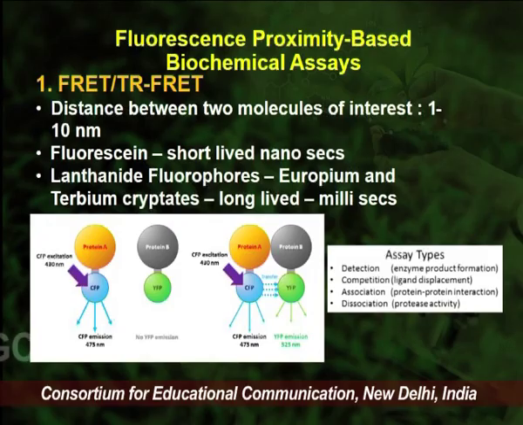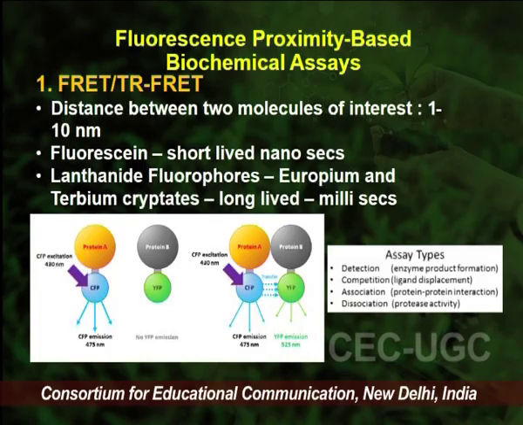The most widely used is fluorescence resonance energy transfer, FRET, or time resolved fluorescence resonance energy transfer, that is TR-FRET. In such assays, the distance between two molecules should be 1 to 2 nanometers, only then will this assay become active. And such a small distance only occurs when the two molecules interact with each other.